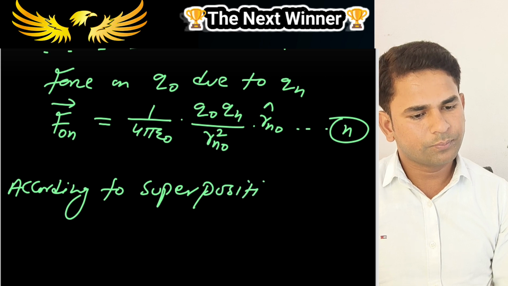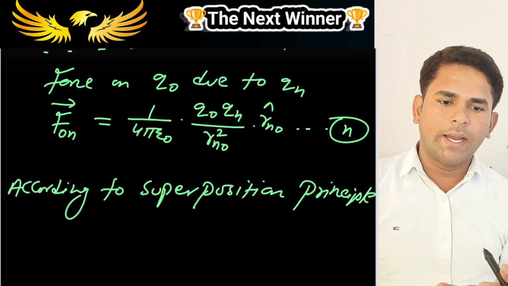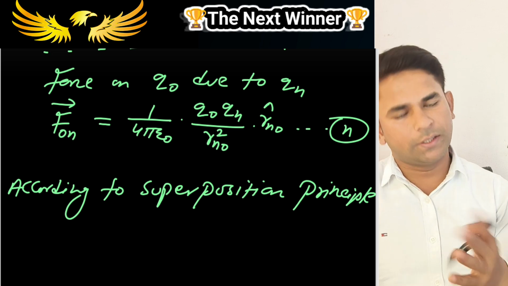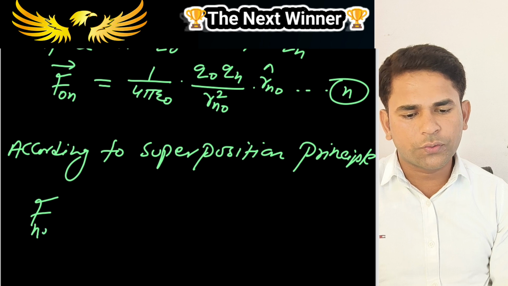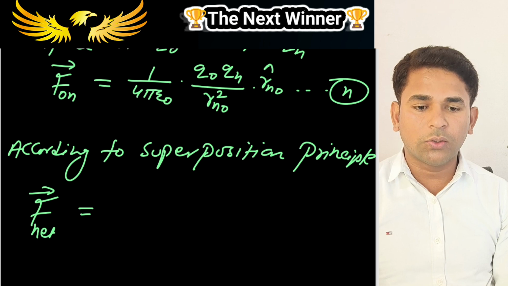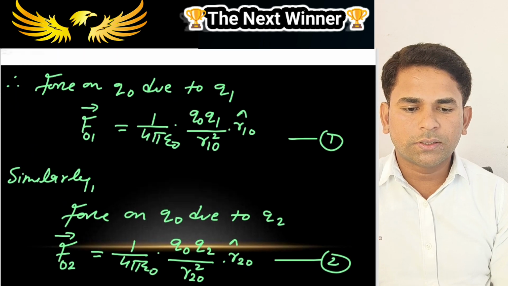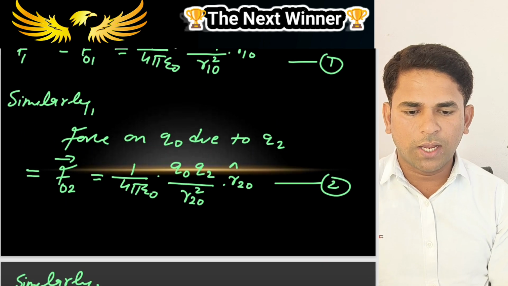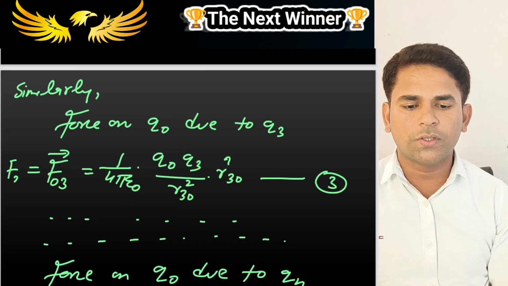superposition principle, or you can say the principle of superposition of forces between multiple charges, no issues. Now net force, what can you write? Suppose this is F1 force, this one is F2 force, and this is F3 force.